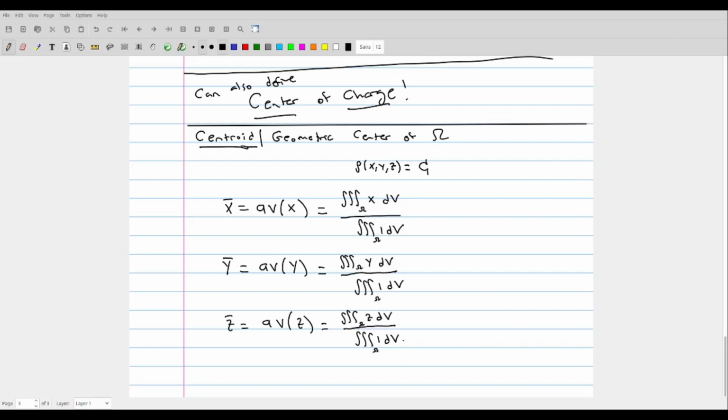For a given mass density function, the mass is being distributed in different places in your region, and doing the calculations for the center of mass will give you a different value than the centroid. This is very important in engineering applications, because if you're trying to build composite columns, or build something with composite material, you have to really think about where the true center of mass of your object is if you want to build it correctly and make sure that it's balanced.